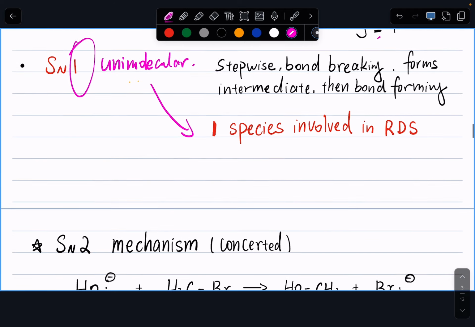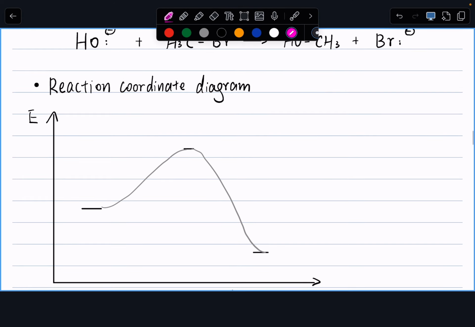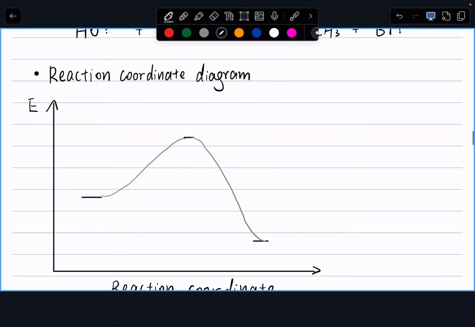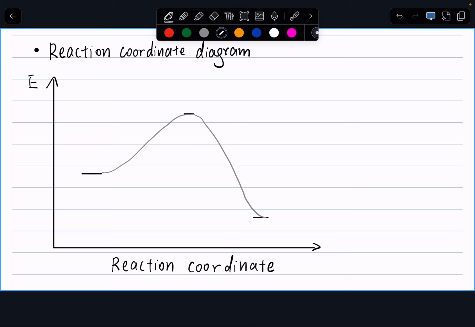So, getting started. The SN2 mechanism, as its name says, is a concerted reaction mechanism. That means we can have bond forming and bond breaking simultaneously. If we look at the energy diagram, the x-axis is my reaction coordinate from reactant to product. The y-axis is my energy.